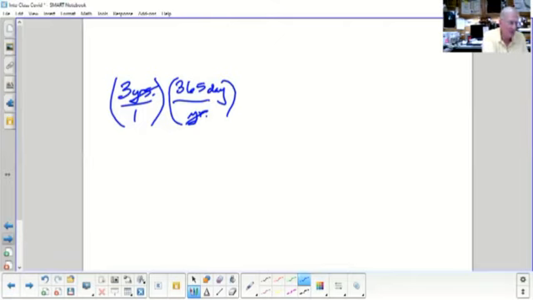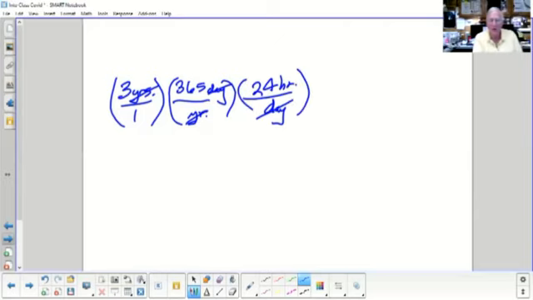Days would go on the bottom. That way it would cancel. And you know there are 24 hours in every one day. So if I did this computation at this point, I would definitely be converted to hours.